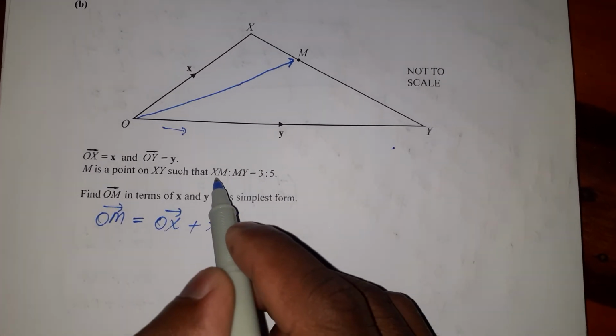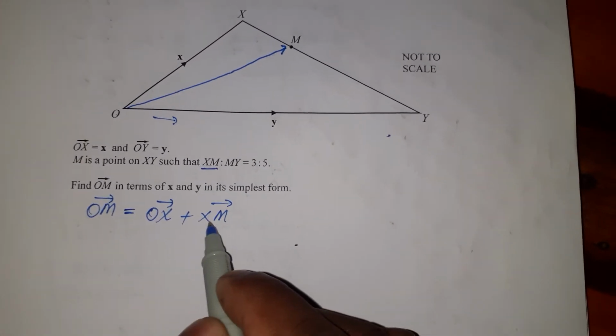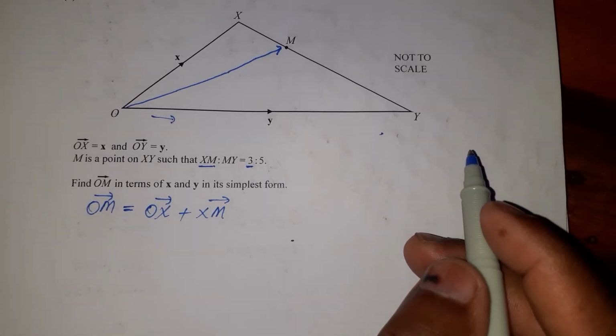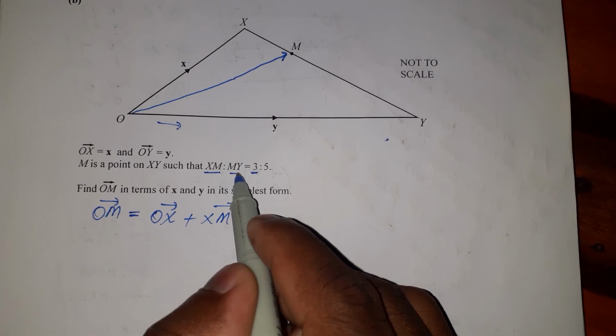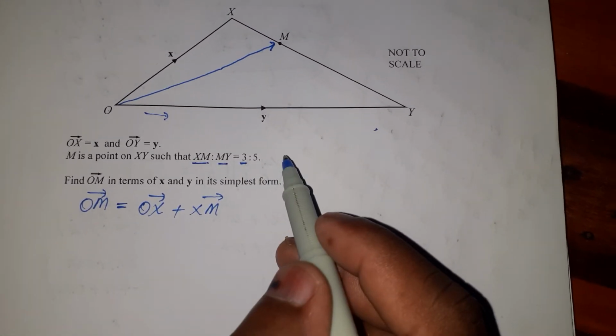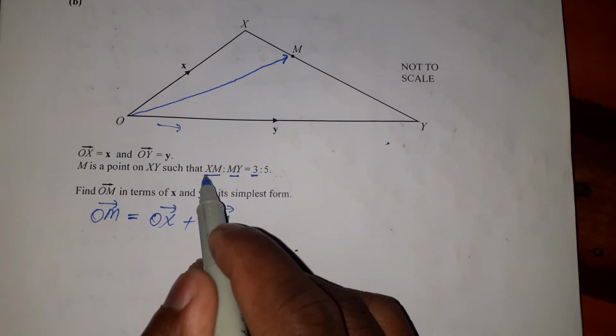We are told that XM, we have our XM here, the ratio is 3. While MY, we don't have MY here, so let's not bother about MY. So let's just focus on XM.